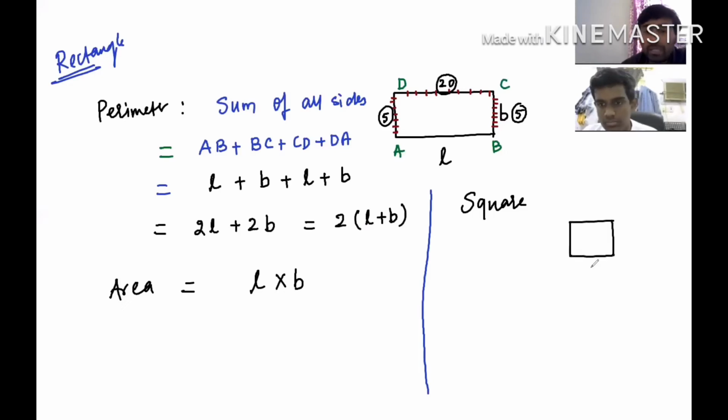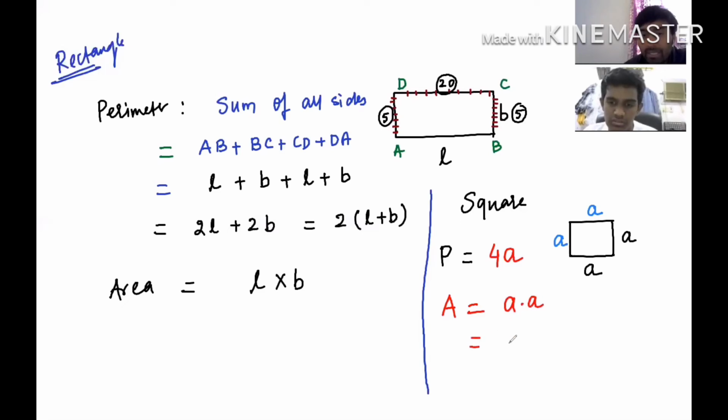This side is A and this side is A. The perimeter is the sum of all the sides, A plus A plus A plus A, that is 4A. For the area, it will be A into A, that is A square.